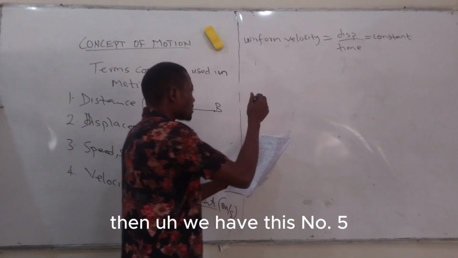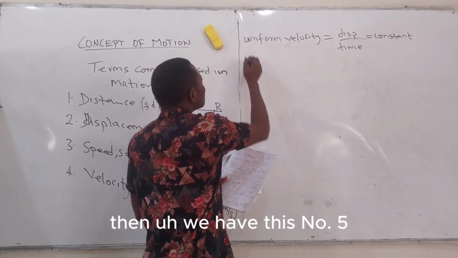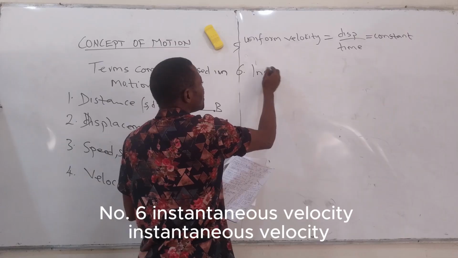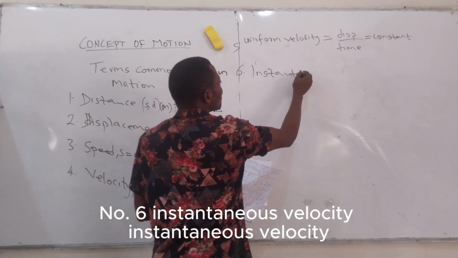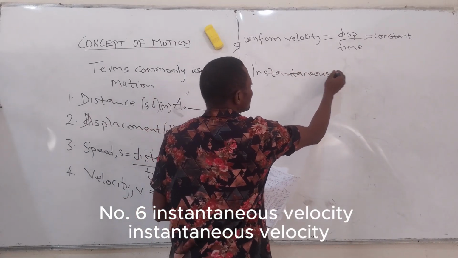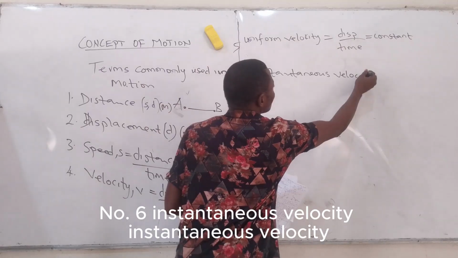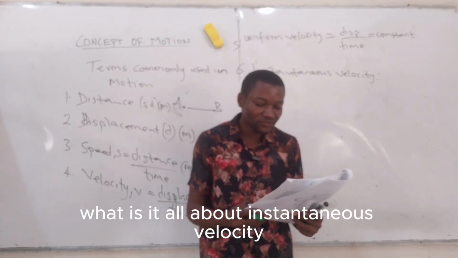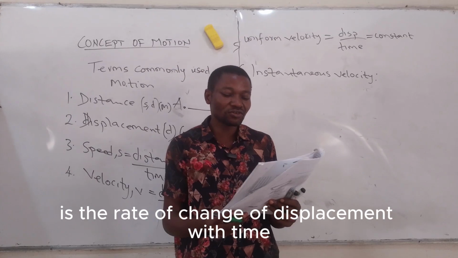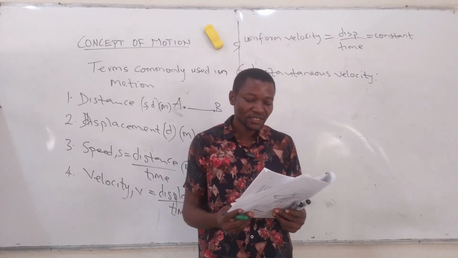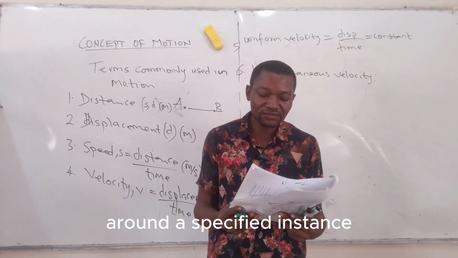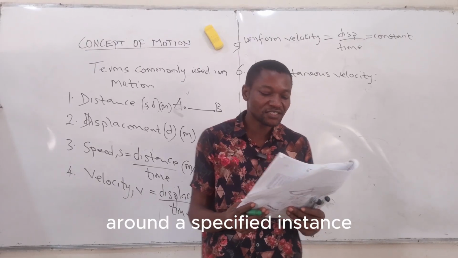Okay, then we have number 6, instantaneous velocity. What is it all about? Instantaneous velocity is the rate of change of displacement with time during a very short interval of time around a specified instant.